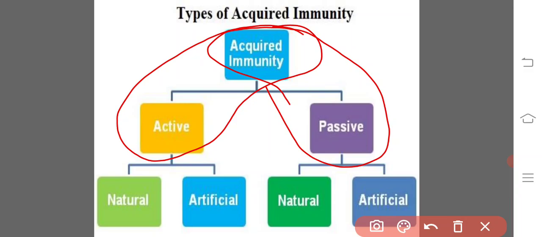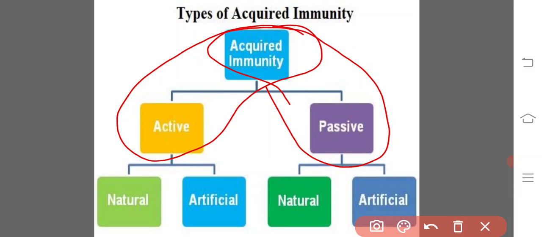In active acquired immunity, the individual's immune system plays an active role in providing the immunity, whereas in passive acquired immunity, the host's immune system may not play an important role, it keeps quiet, and the antibodies which are injected into the body of the individual take care of providing immunity.